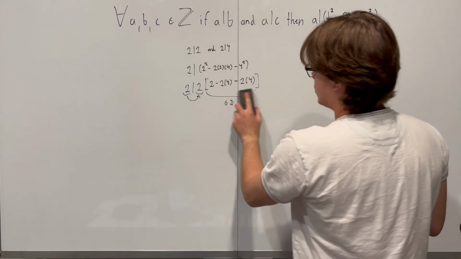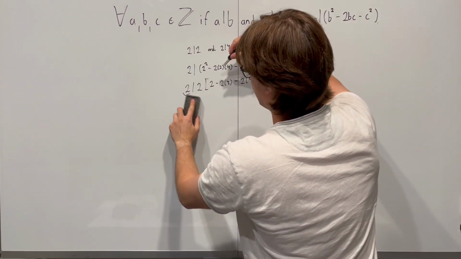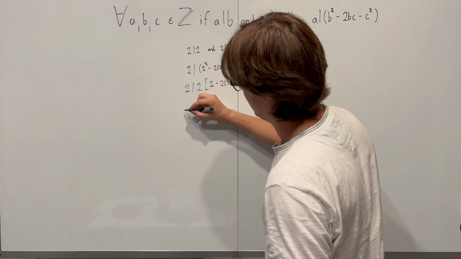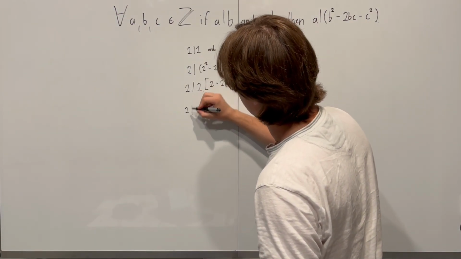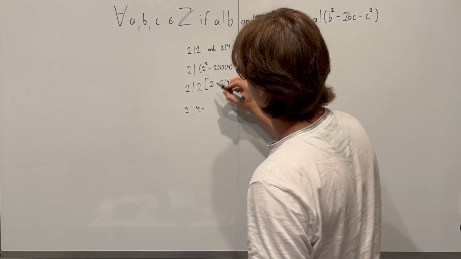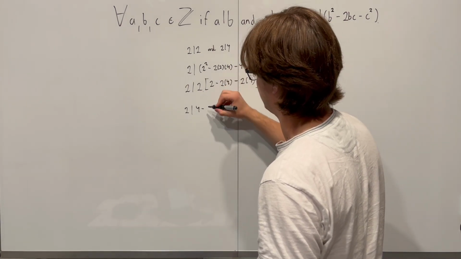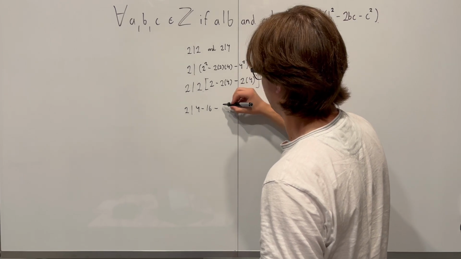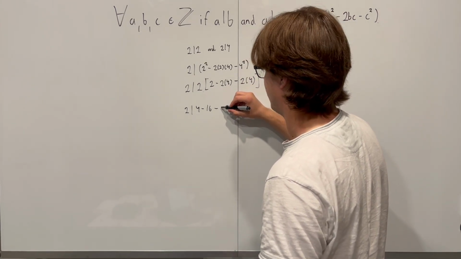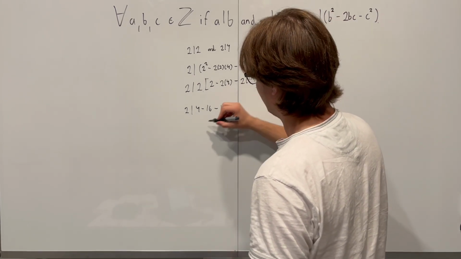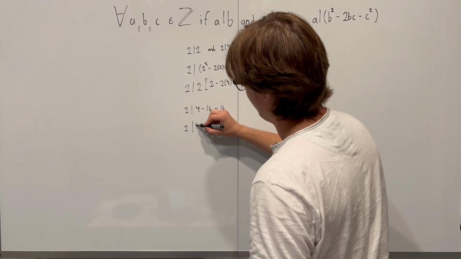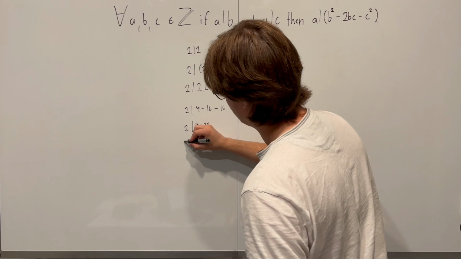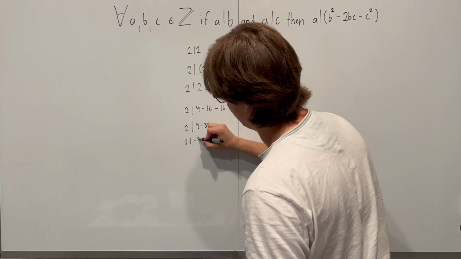For clarity, let's just quickly compute what this would have been originally. So this would have been the same as asking, does 2 divide 4 minus 2 times 4, which is 8, times 2 is minus 16, and then 4 squared is 16 times negative 1, which is going to be negative 16. So it's the same as asking 4 minus 32, which is 2 dividing negative 28.